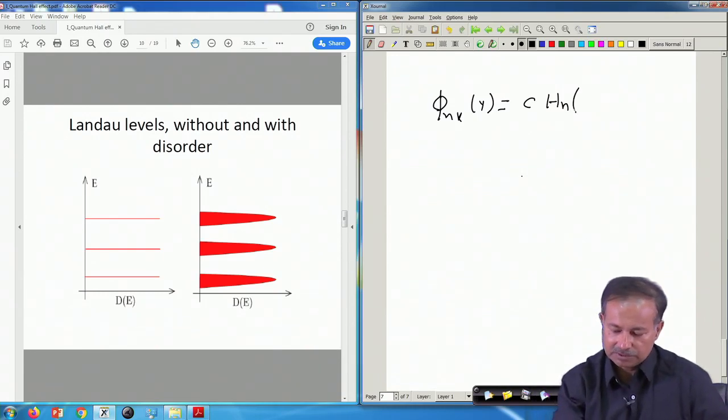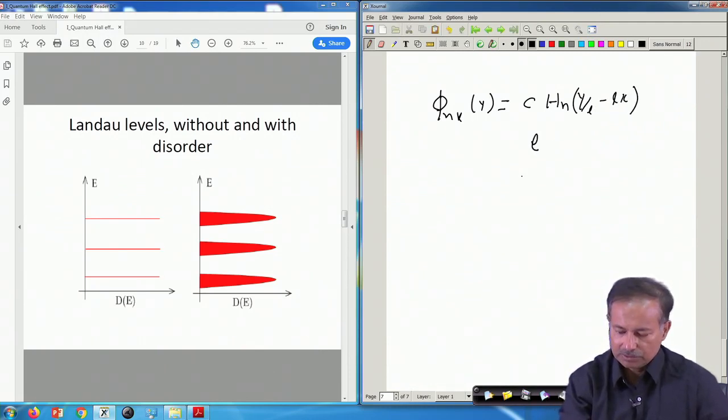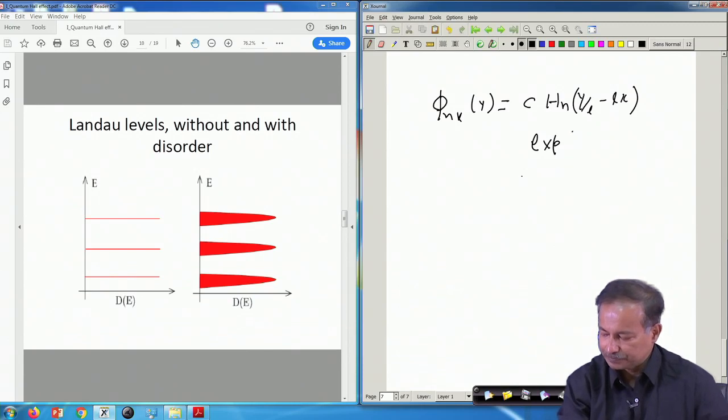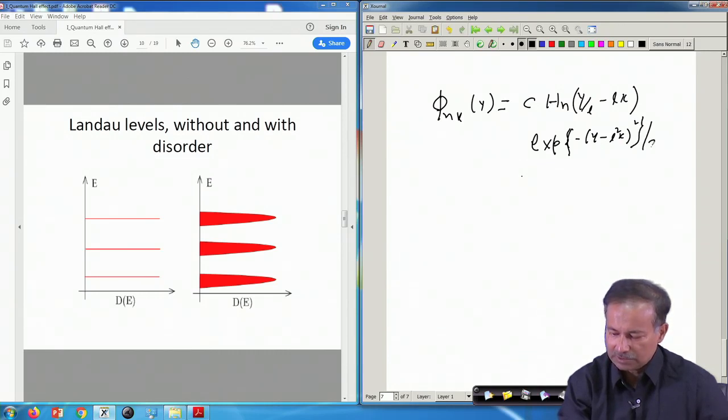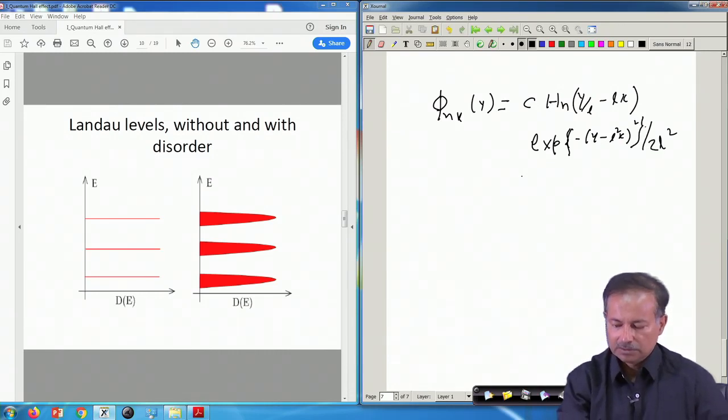Remember your simple harmonic motion, y by L minus L k, e to the power exponential minus y minus L square k square by twice L square.